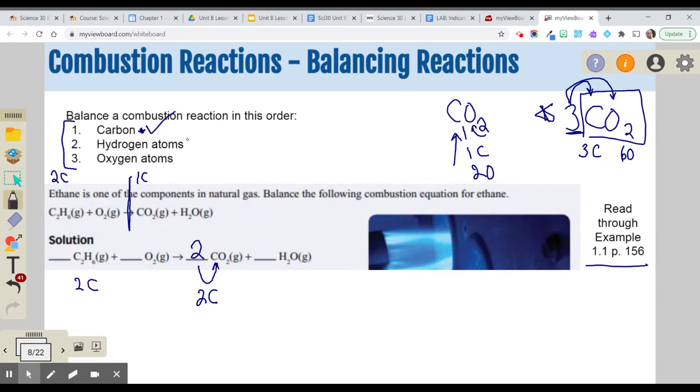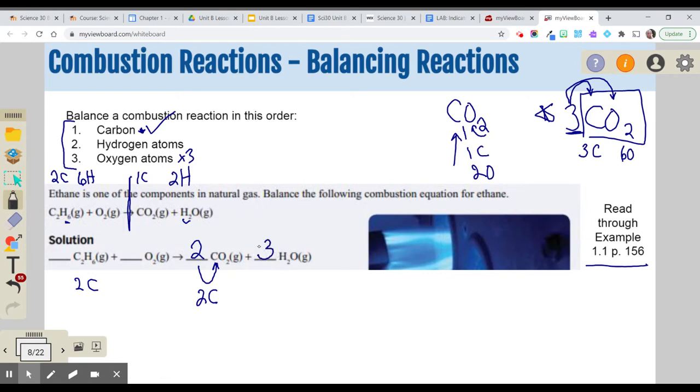So let's take a look at hydrogen atoms now. On our reactant side, we have 6 hydrogens. On our product side, we have 2 hydrogens. So to change that 2 so that we have 6, we're going to multiply this side by 3.